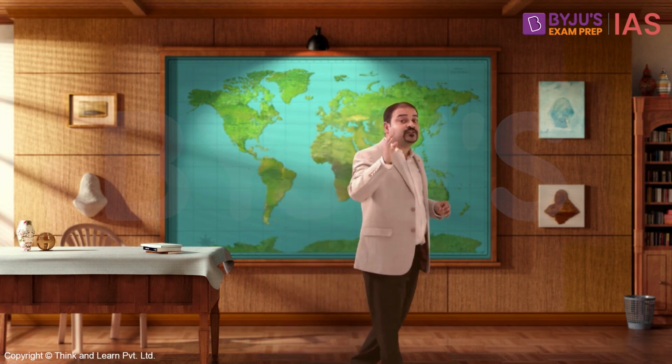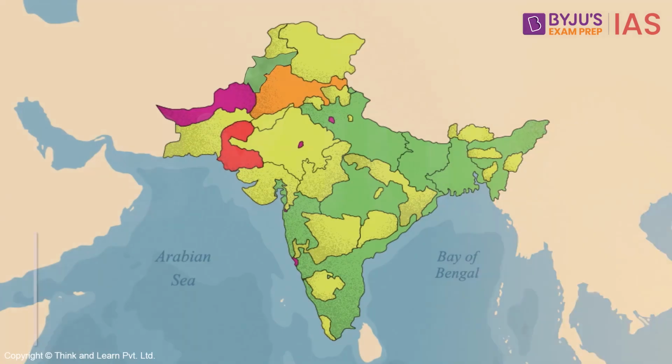Instead, Congress demanded convening a constituent assembly to draft a constitution for an independent India based on universal adult franchise, and rejected this particular proposal.